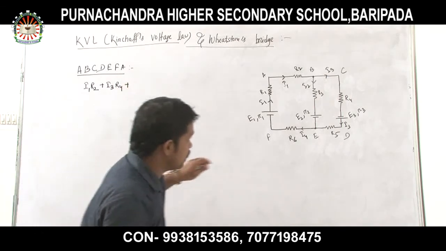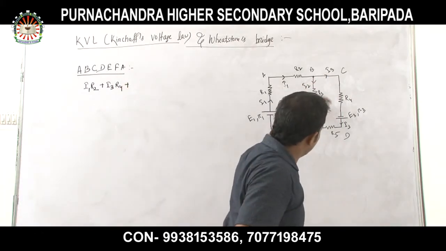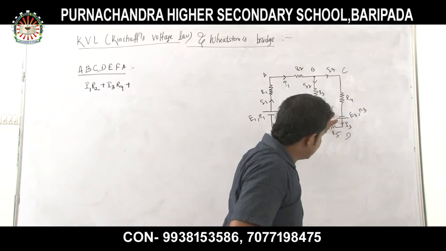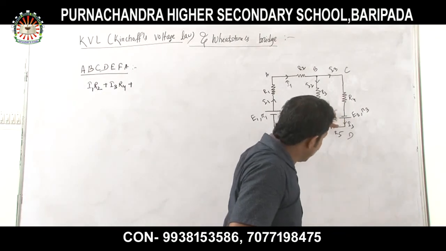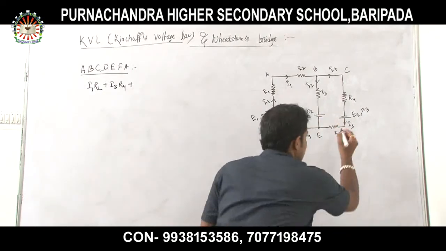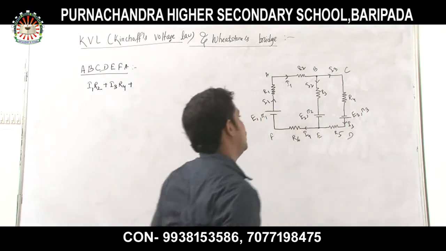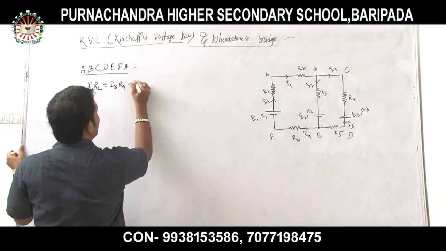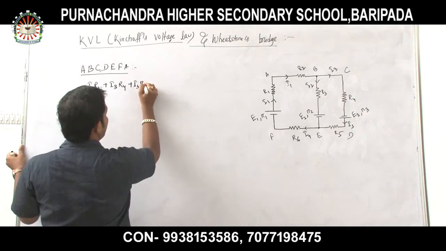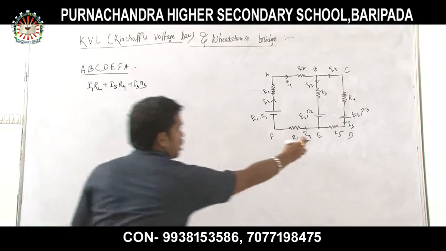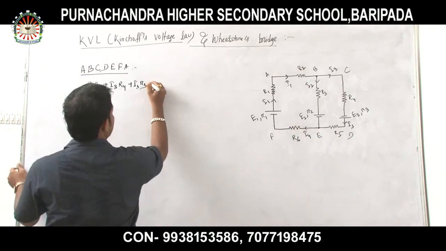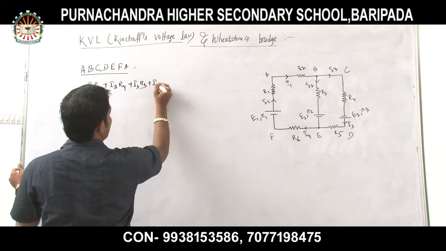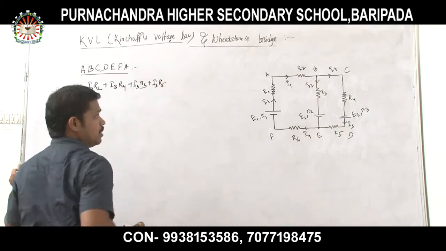So now look here. When we are moving in this loop, this cell is also producing a clockwise current. Look here, this is a clockwise current. So that's why I3 R3. Okay. Then come to here, that is plus I3 R5.